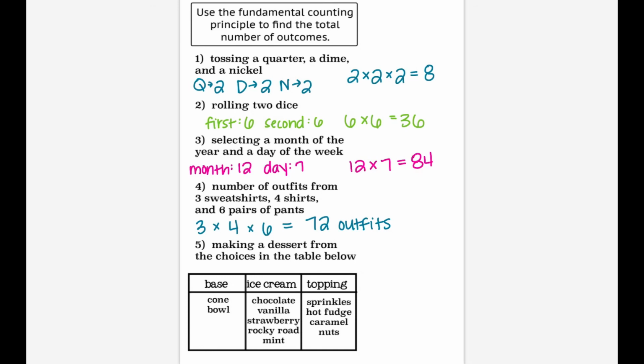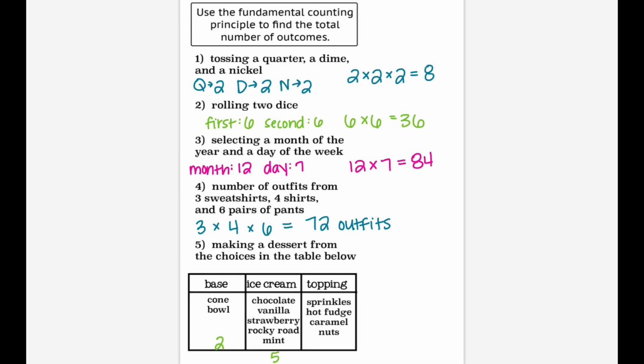Okay, make a dessert from the choices below. So imagine you are at an ice cream shop and you get to choose any combination from this menu. Okay, so first, do you want a cone or do you want a bowl? You have 2 options. Then for your flavor, do you want chocolate, vanilla, strawberry, Rocky Road, or mint? That's a total of 5 options.